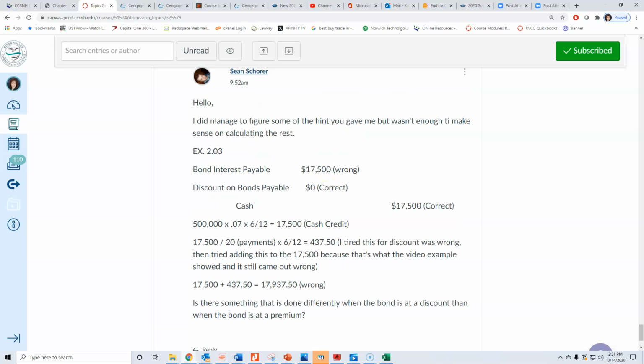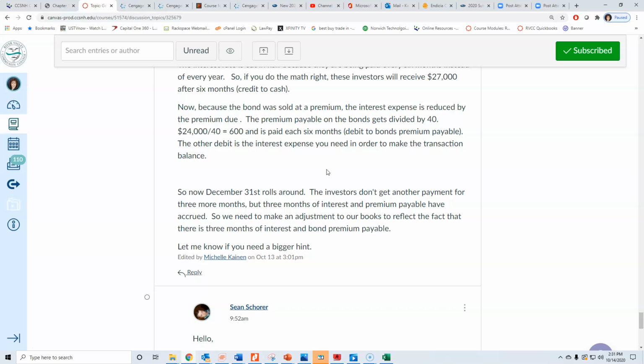So I want to just direct you back to the post that I had made above, which applied to bonds sold at a premium. When a bond is sold at a premium, the interest expense gets reduced by the premium due. When a bond now is being sold at a discount, the interest expense is now increased by the discount.